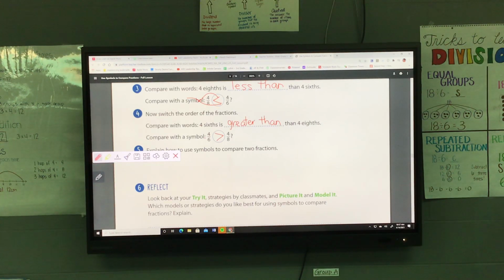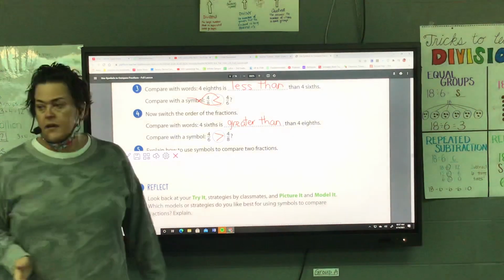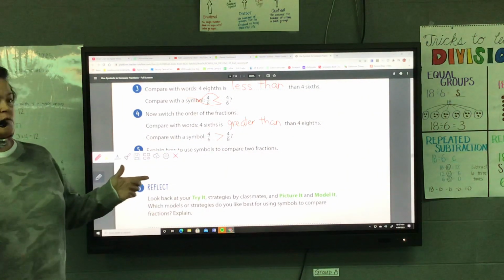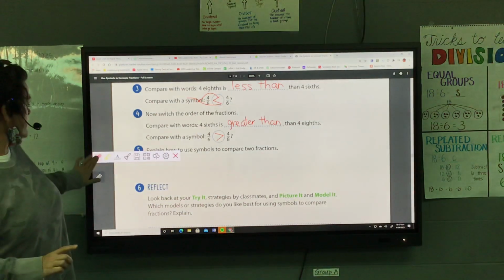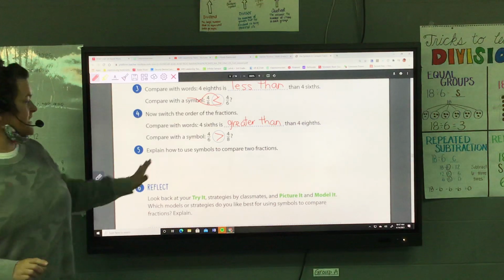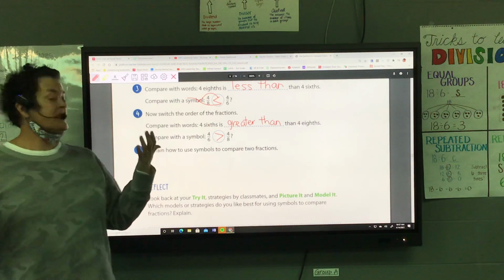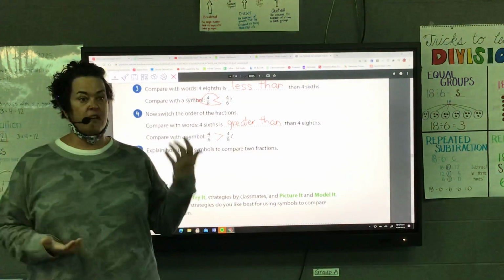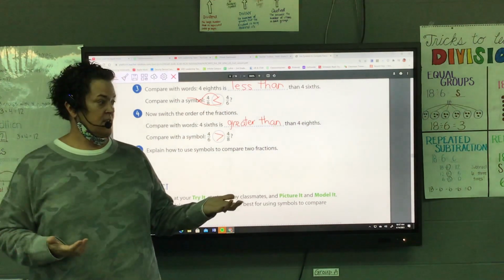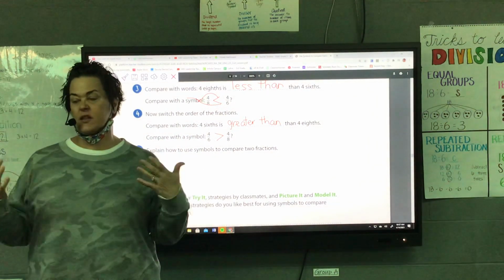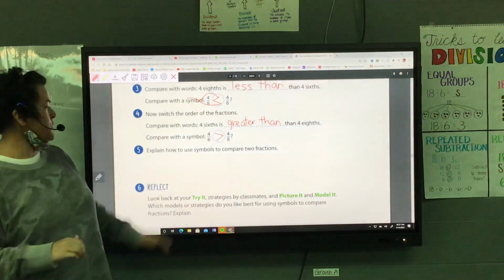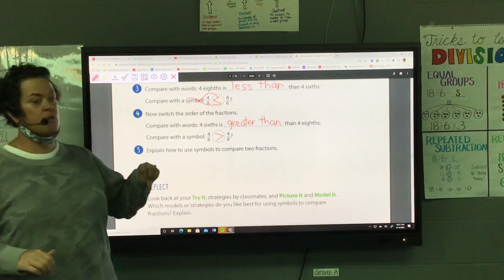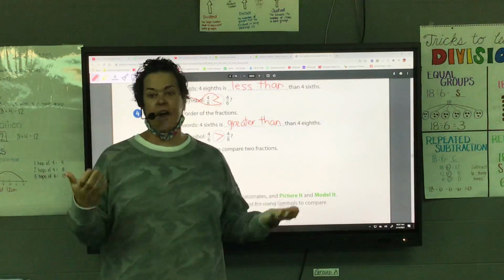All right, now I'm going to have you turn and talk in just a second about number 5 here. Explain how to use symbols. So the greater than, less than. Mainly those. I think those are more confusing for when we have to write them. So I'm going to have you explain how to use those symbols when you compare fractions.